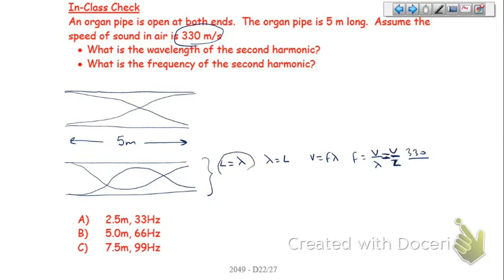So 330 over 5, which equals 66 hertz. So the frequency is going to be 66 hertz. And the wavelength? The wavelength is the same as L, which is 5 meters.